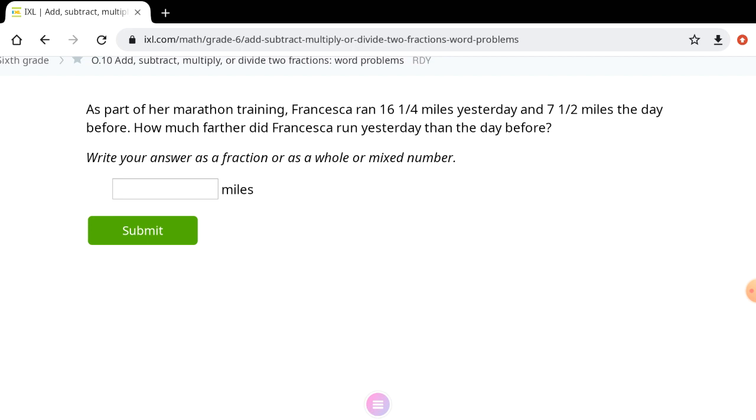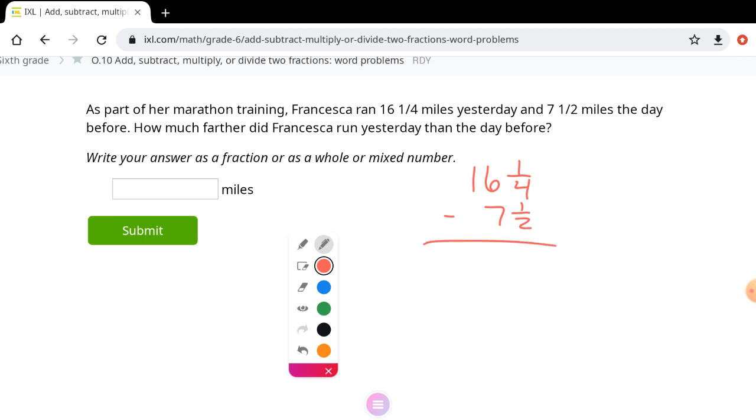So I want you to write down that mixed number subtraction problem and work it out. You're just doing this on the back of your paper. And go ahead and number this one number 1. We're just going to get through as many as we can.